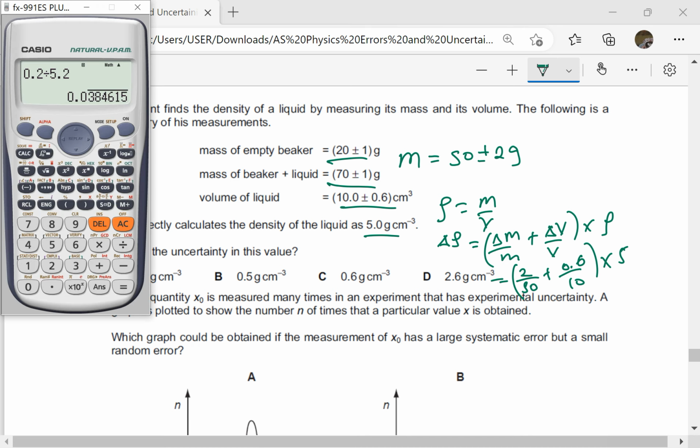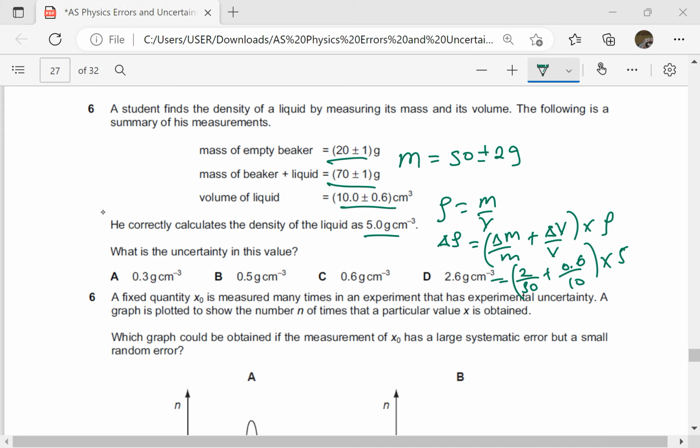Let me check the calculator: 2 divided by 50, that is the mass, plus in volume 0.6 divided by 10, then times 5, which gives us 0.5. So the absolute uncertainty is 0.5 grams per centimeters cubed.